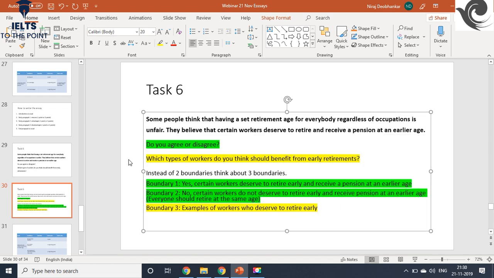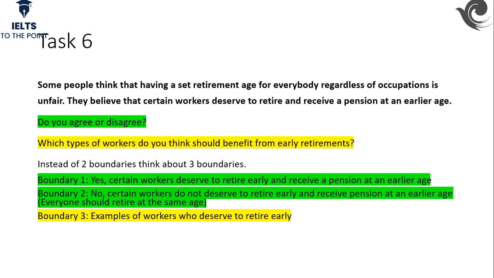If I agree with this particular statement, I would say yes, certain workers deserve to retire early and receive a pension at an earlier age. If I disagree, I would say no, certain workers do not deserve to retire early and receive a pension at an earlier age. Everyone should retire at the same age.